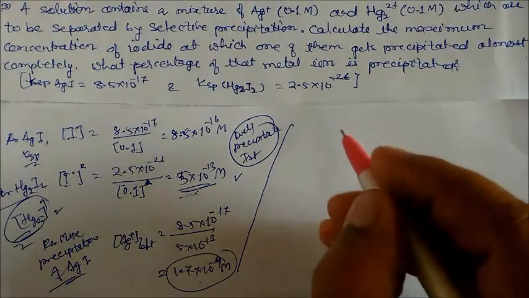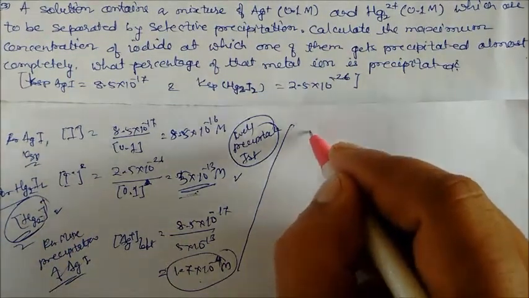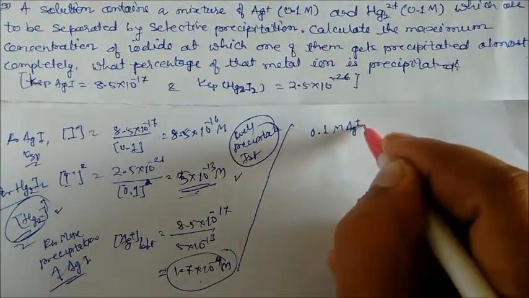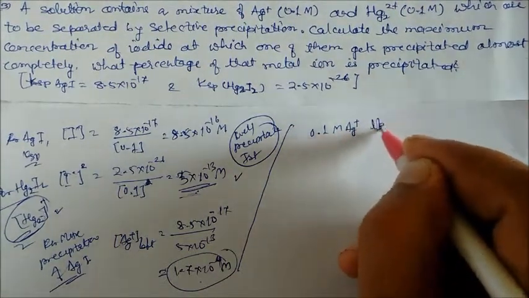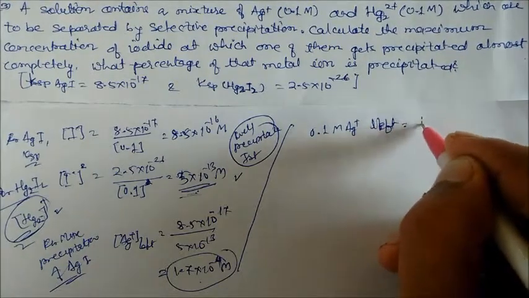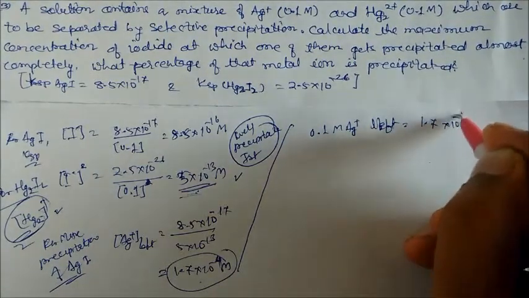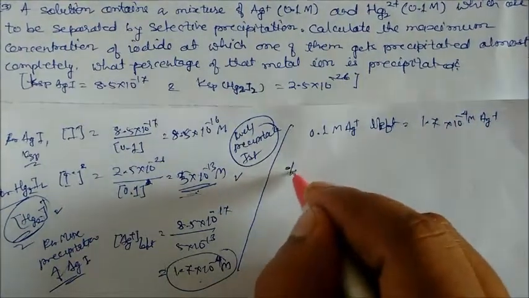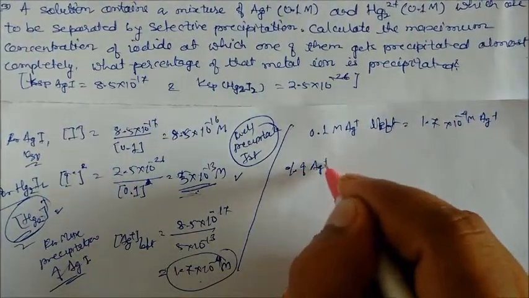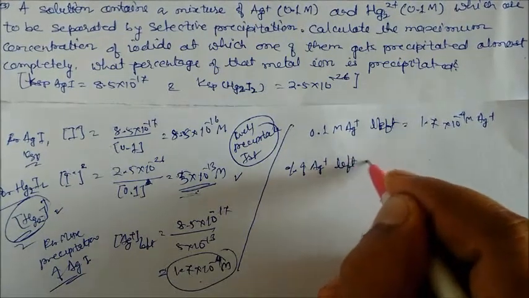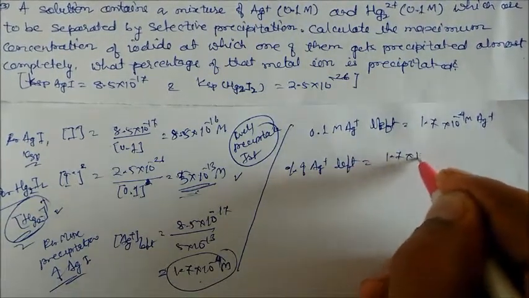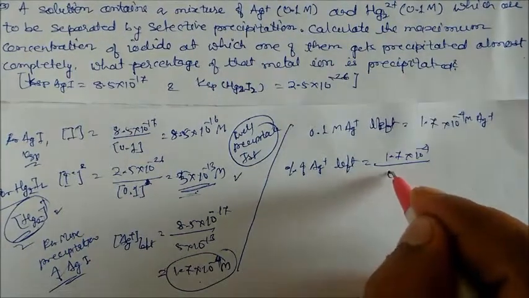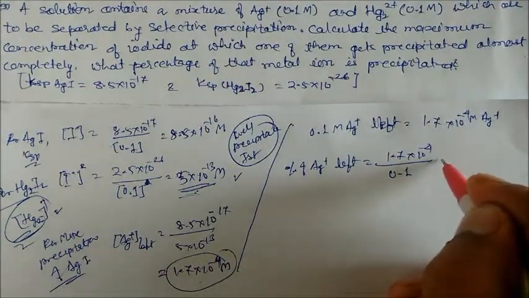So now we can write: 0.1 molarity for silver initially. How much is left in the solution? 1.7 × 10^-4 molarity of silver ion. So the percentage of silver left will be 1.7 × 10^-4 divided by the initial concentration of silver, that is 0.1, multiplied by 100.